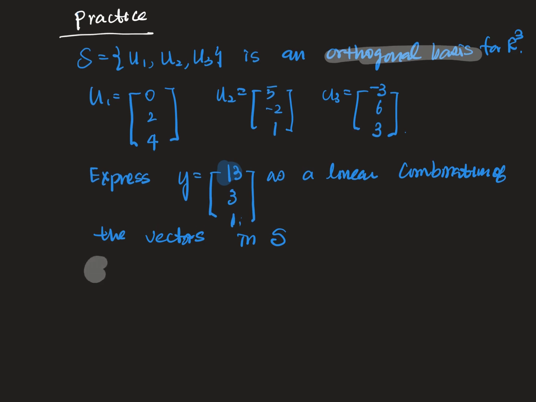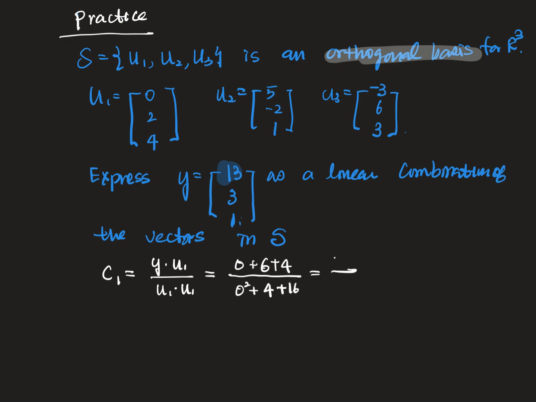So C1 is y inner product u1 over u1 inner product u1. The numerator is 0 plus 6 plus 4, and the denominator is 0 squared plus 4 plus 16. That's 10 over 20, which is 1 over 2.